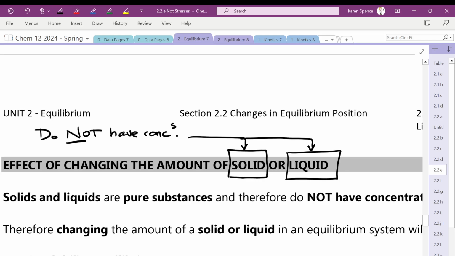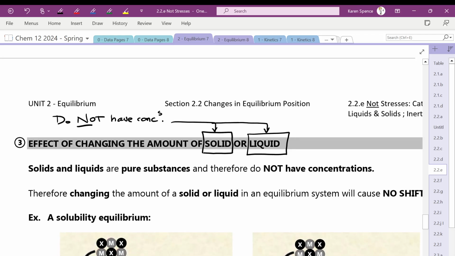How could I possibly dilute a solid? How can I dilute it and still have it remain a solid? I can't. The number of particles per centimeter cubed is still the same. I can't do anything to it, otherwise it wouldn't be a solid anymore. It would be dissolved and it would be aqueous.